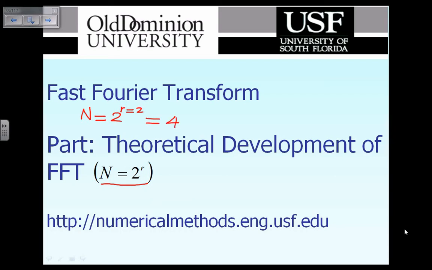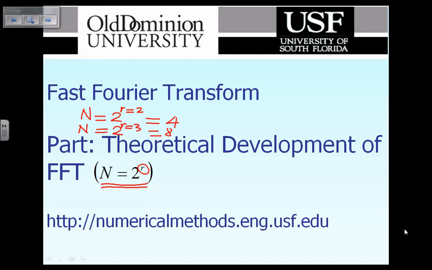Then after that, in the next lecture that I already discussed with you, I considered the next case, capital N equal to 2 raised to the power r, where r is equal to 3 or r equal to 4. So that is equal to 8 or 16, depending on r equal to 3 or 4. Now, we consider a very general case. Capital N is equal to 2 raised to the power r, where this r could be any integer value.